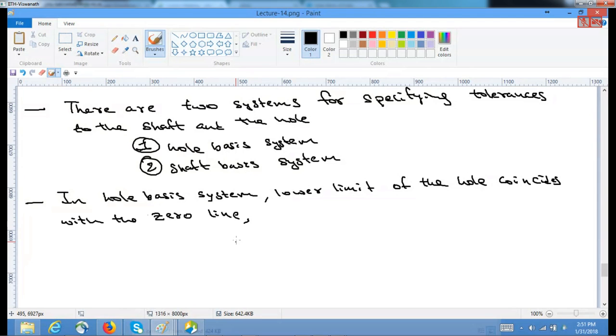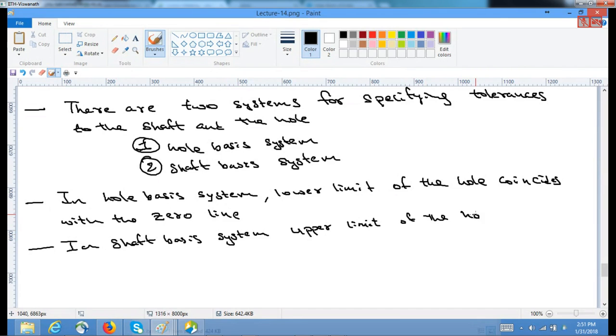Now in the shaft basis system, the upper limit of the shaft coincides with the zero line.